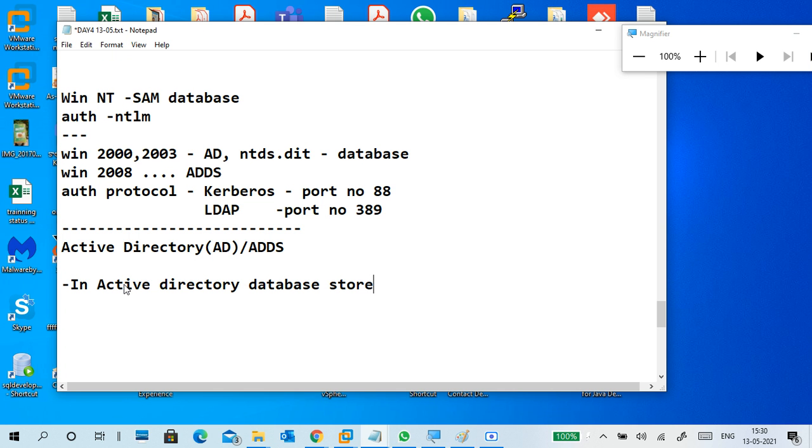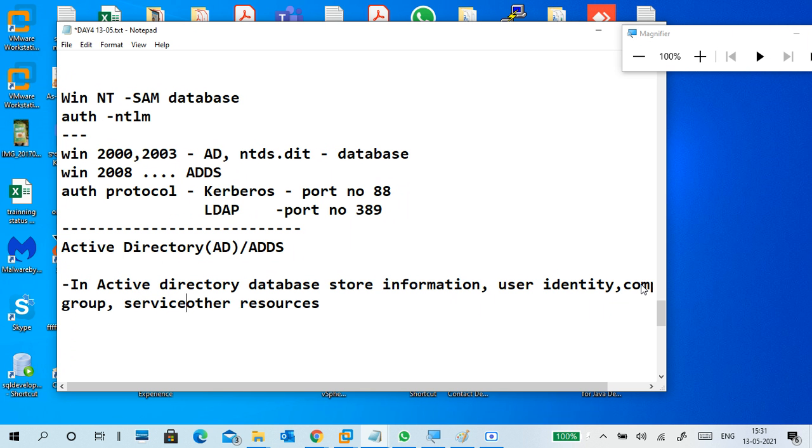It stores information of identity: user identity, computer, group information, service information, and other resources.